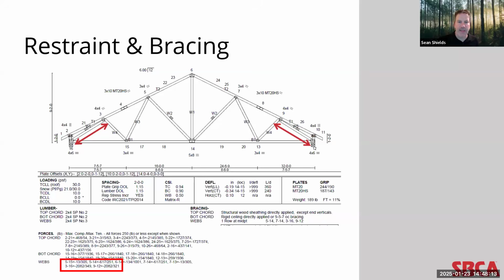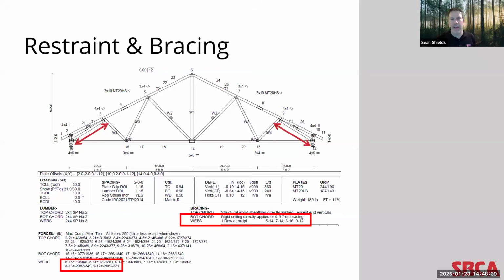In order to resist that buckling, permanent restraint and bracing will be called out like this on the truss design drawing. So you'll see webs, 1 row at midpoint, and then it lists the 4 sections or 4 webs that permanent bracing would need to get installed.